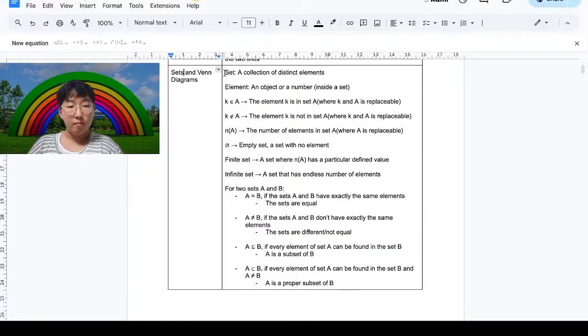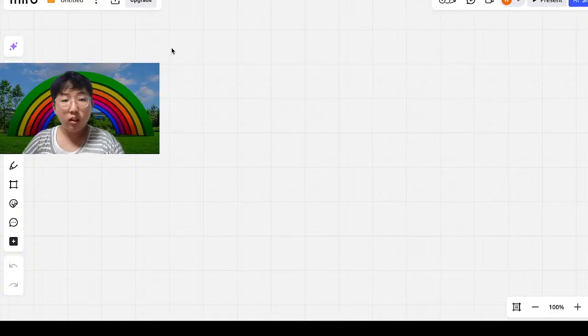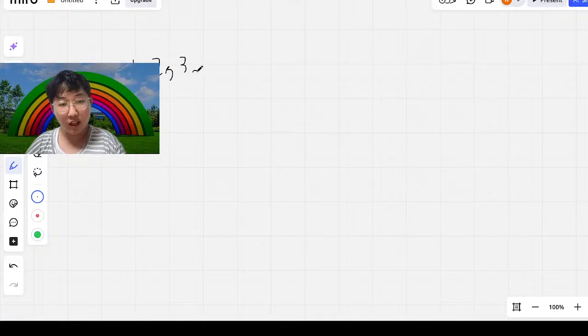So let's get started. A set is a collection of distinct elements. What does this mean? Let's say we have a list of elements, like 1, 2, 3, 3, 5, or something like that.